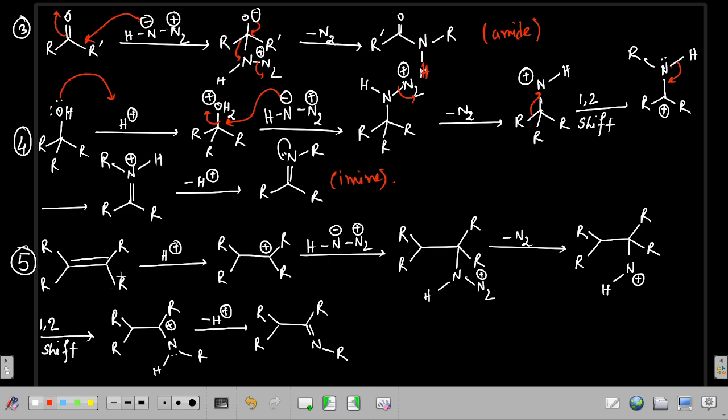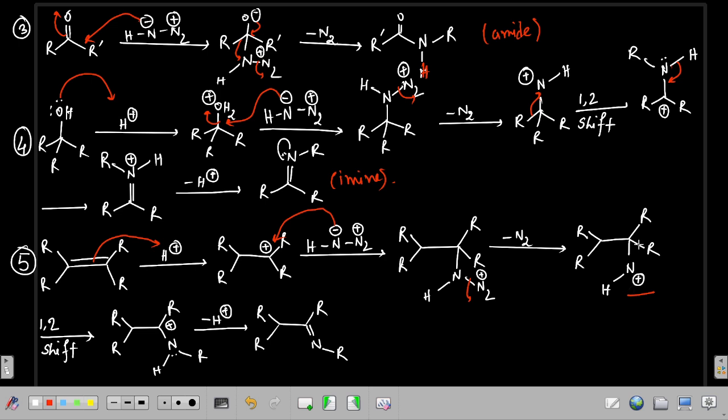Next we have alkene. Now the alkene will abstract the proton from the acid, so it will form this carbonium ion, and the negative charge of this HN3, that is hydrazoic acid, will attack this carbon, and it will form this intermediate. There will be removal of this N2, so it will form this type of intermediate.